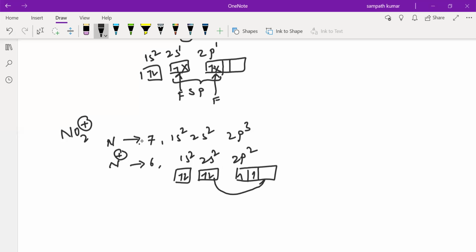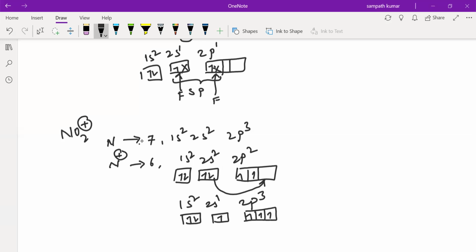We get the excited state electronic configuration 1s2, 2s1, 2p3.